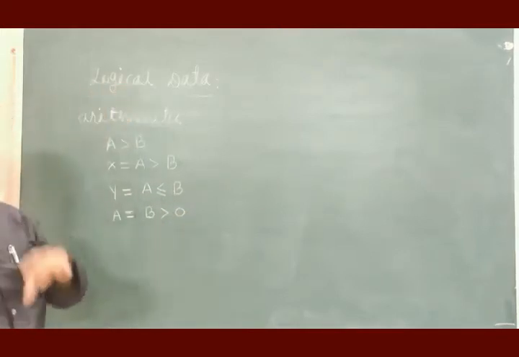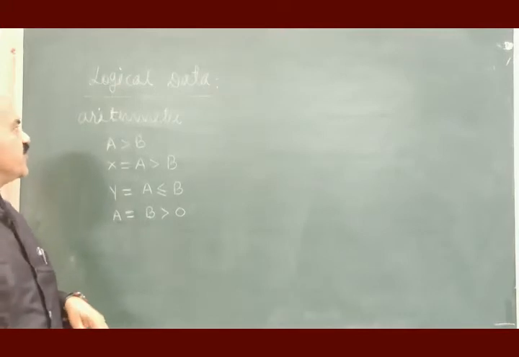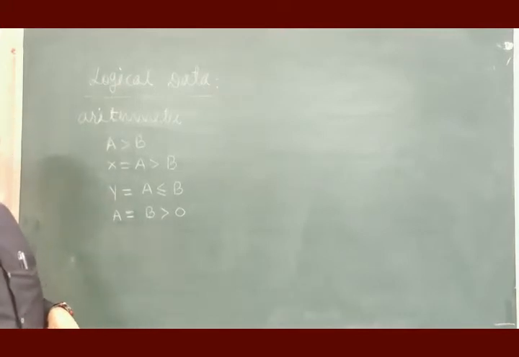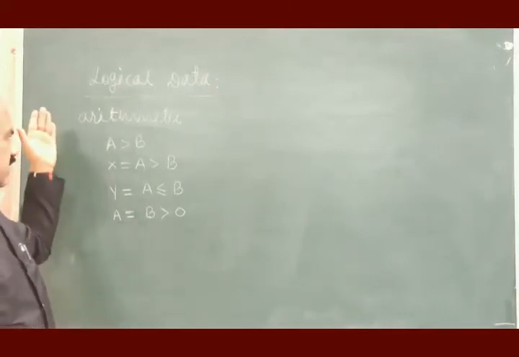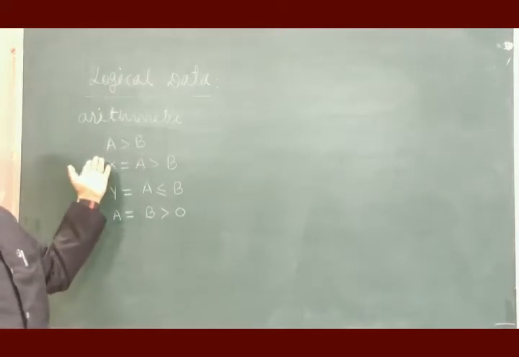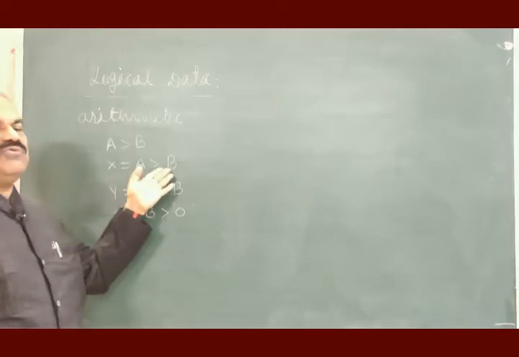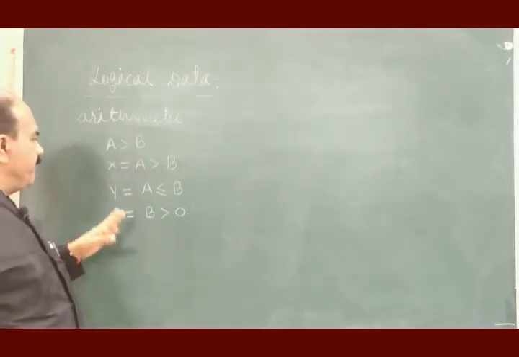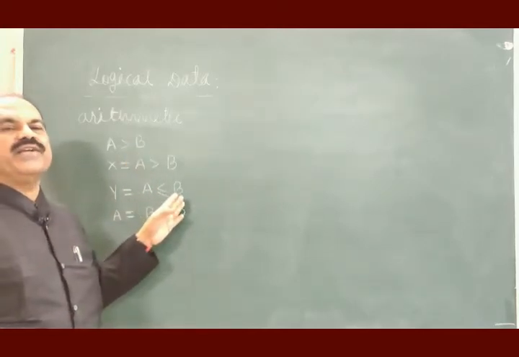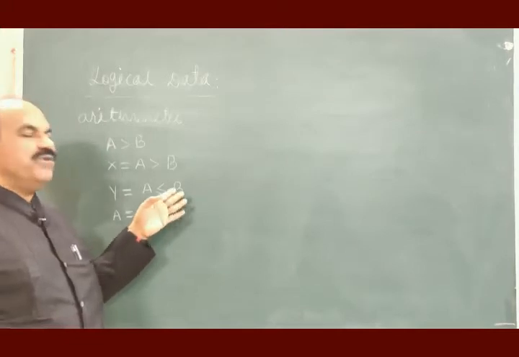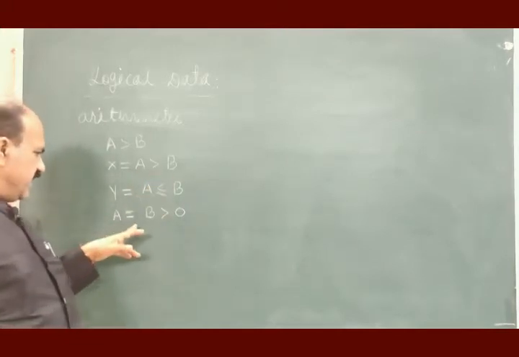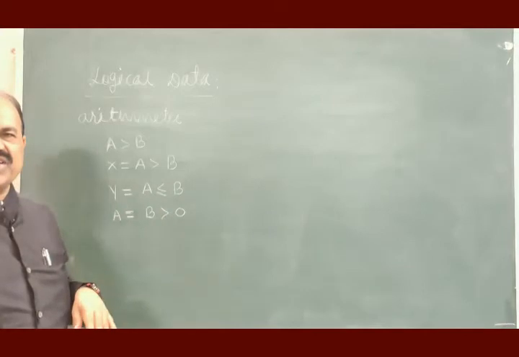We can write a large number of such arithmetic statements. What is this arithmetic statement? a greater than b, x is equal to a greater than b, y is equal to a less than or equal to b, a is equal to b greater than 0.